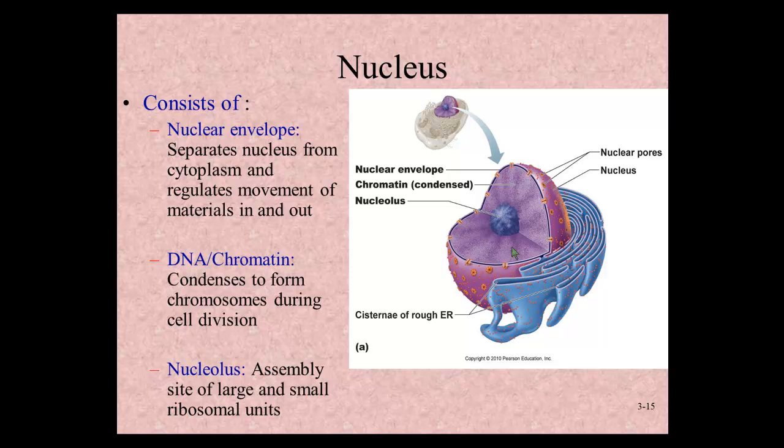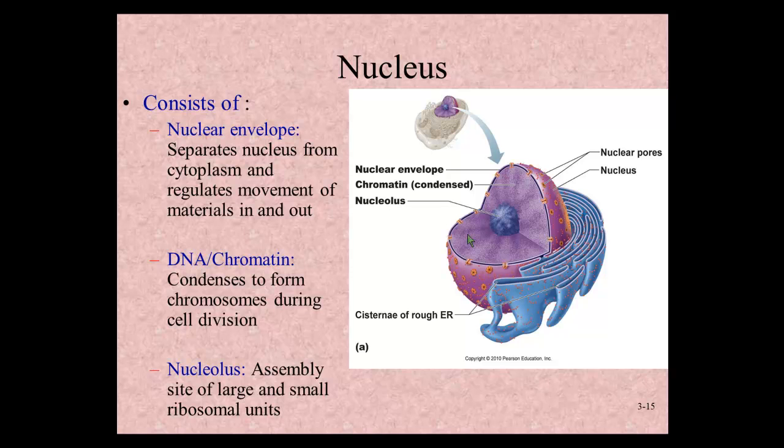So the nucleus is simply just a space which contains DNA and another organelle called the nucleolus. So you can see these kind of purple hazy structures here. That's DNA in the form of chromatin, and in lab we talked about how chromatin is a loosely arranged form of DNA.